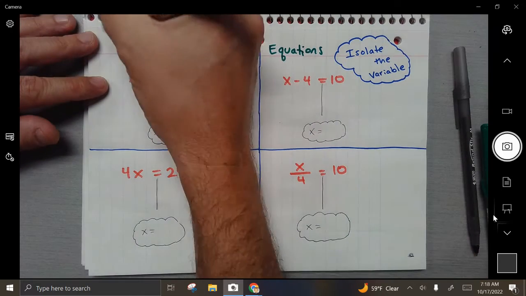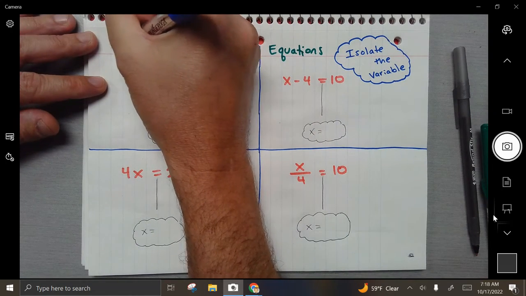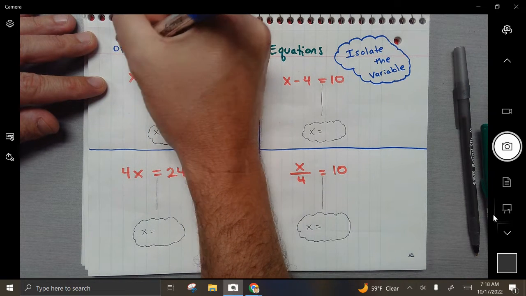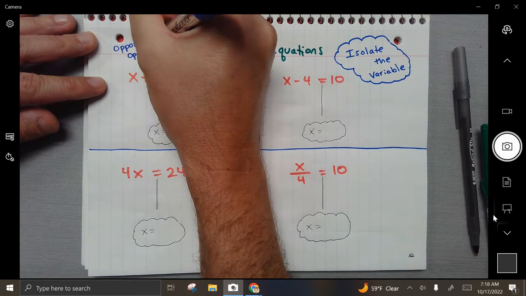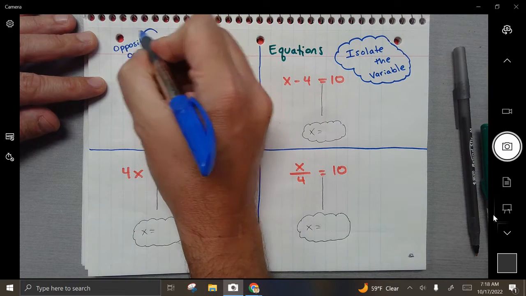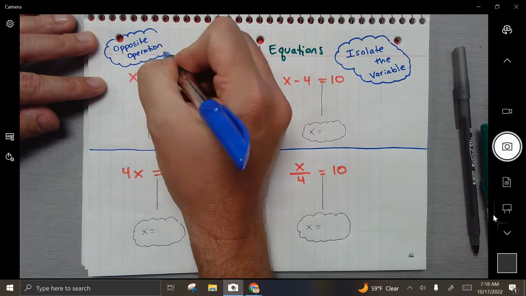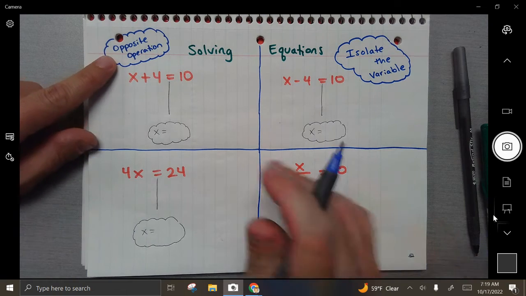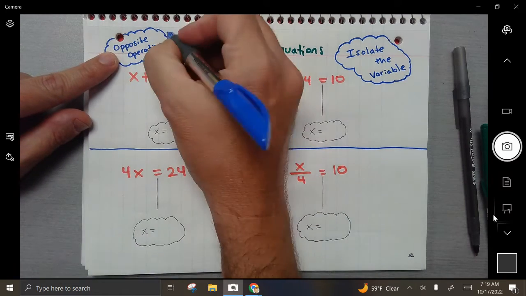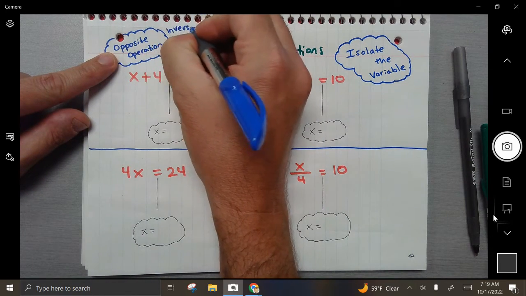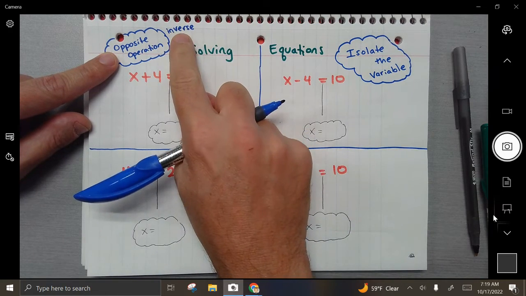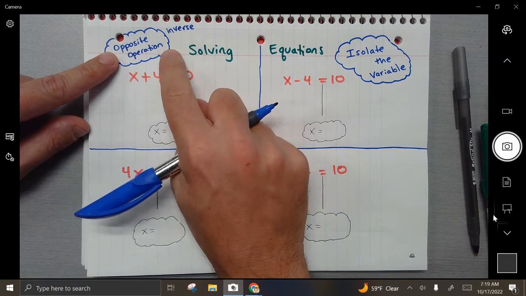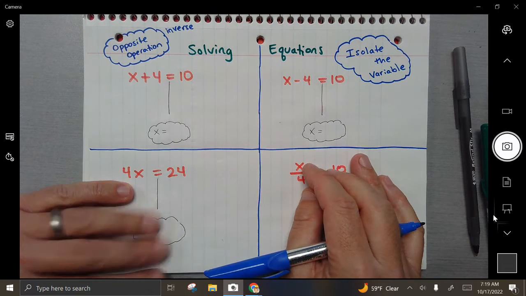Up here, I want you to write opposite operation. In the math book, they're going to call it the inverse operation, the inverse. So inverse and opposite, and I'm going to put that there too. Inverse, almost like reverse. So what does operations mean?